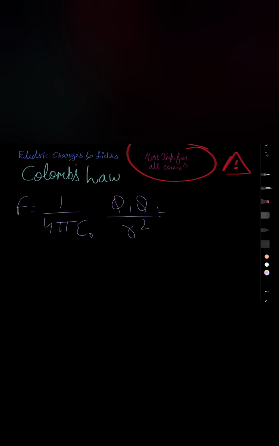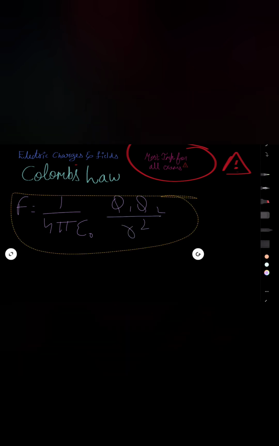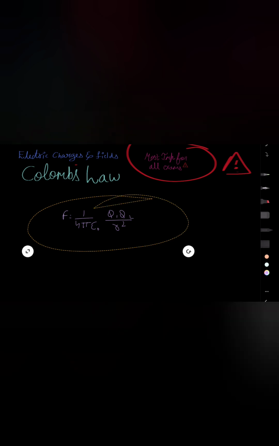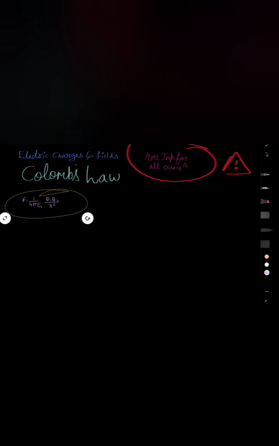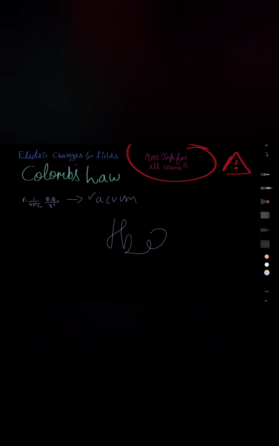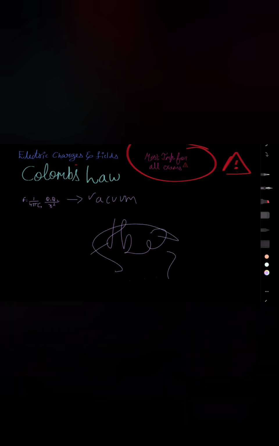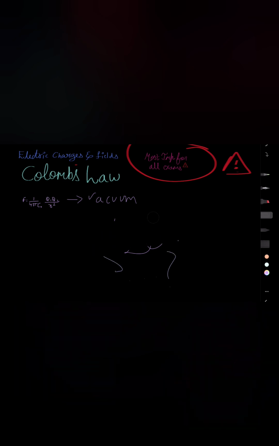This is an important formula, of course, but this is applied only in vacuum. What if they have given H2O? What if they have given PVC, or whatever other things? We'll see that now.